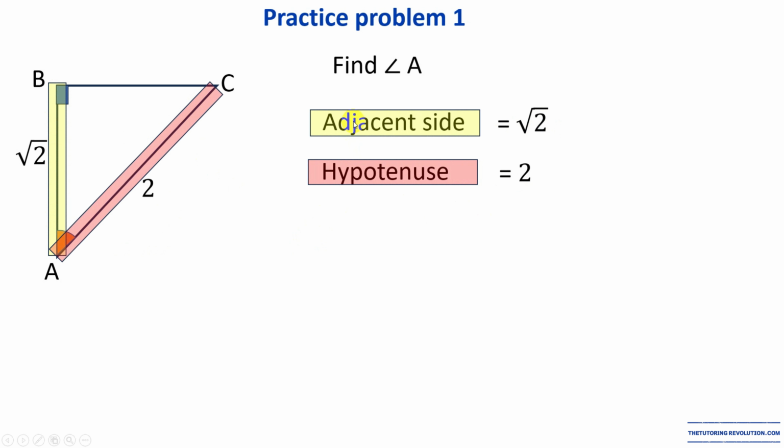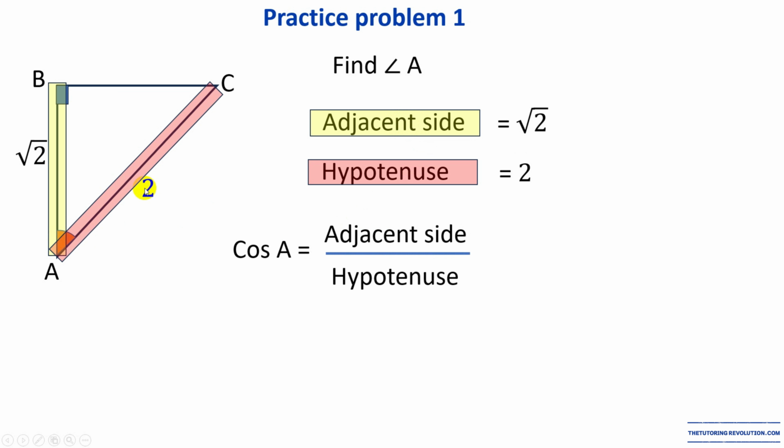So what trigonometric ratio links those two? That would be the cosine. Cosine of A would be adjacent side over hypotenuse, which is the square root of 2 divided by 2.